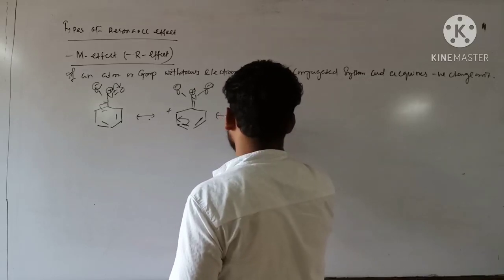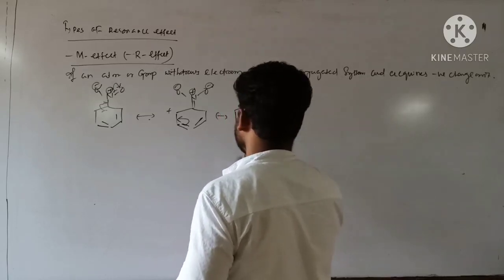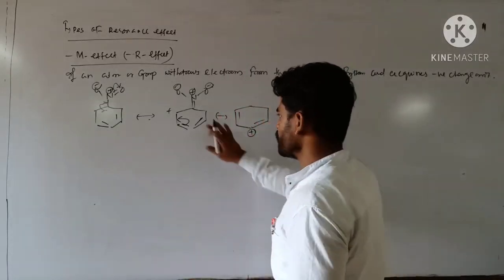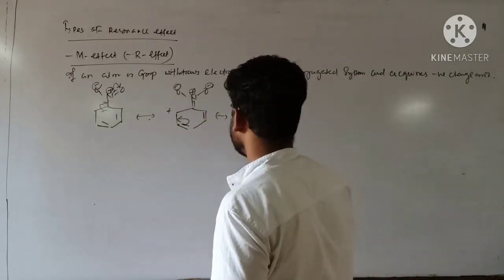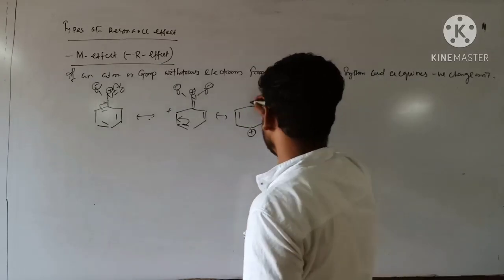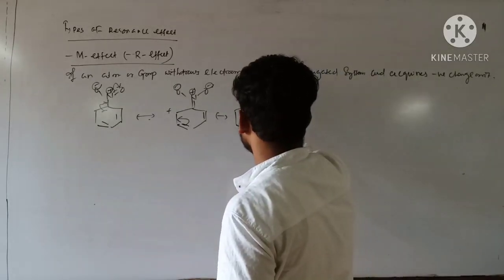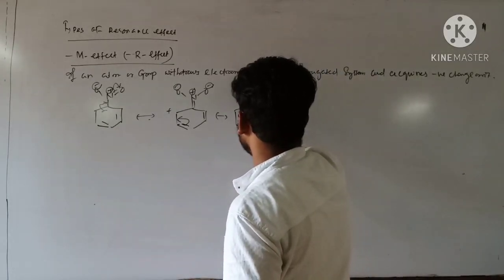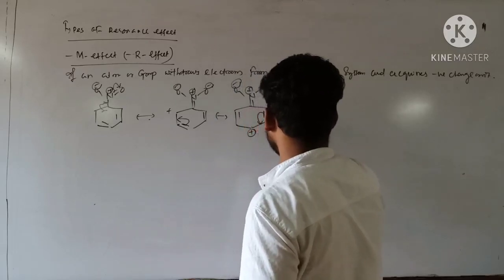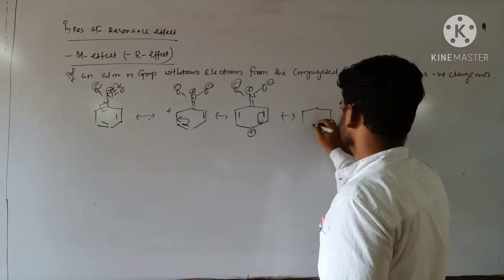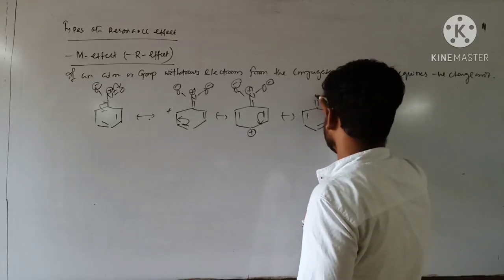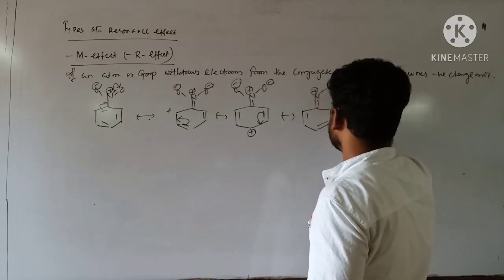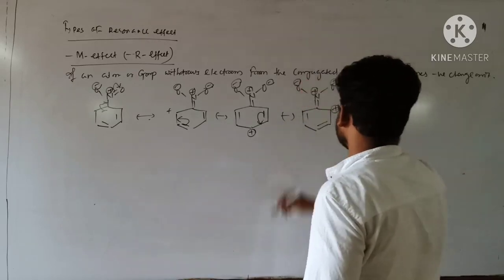Okay, sorry, so this bond is here, and now double bond, nitrogen plus, oxygen minus, oxygen minus. Right, now this pi bond moves in this manner, so you will get positive charge here, nitrogen plus, oxygen minus, oxygen minus.